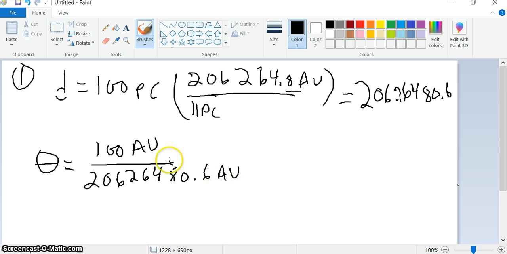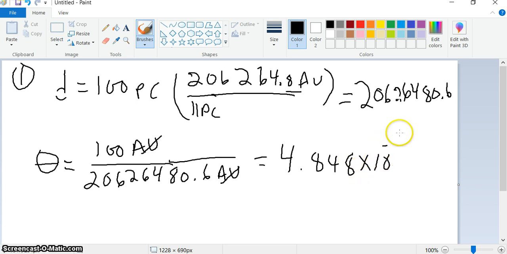That's what 100 parsecs is, and so the AUs cancel, and this will give us our answer in radian. This is a really small angle, by the way. It turns out to be, I'm going to round here somewhere, 4.848 times 10 to the minus 6th radian.